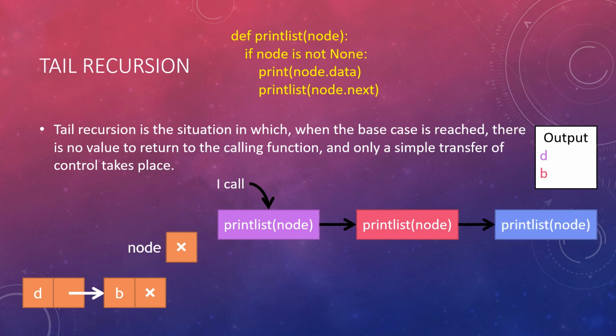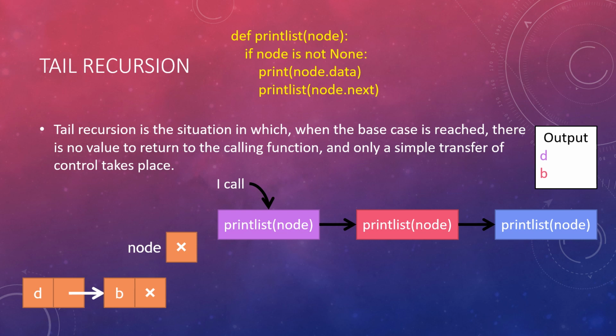So when the next instance is called, the instance in blue, the node pointer is none. Now for the instance in blue, node is none. Since node is none, the if is false and its body cannot execute.